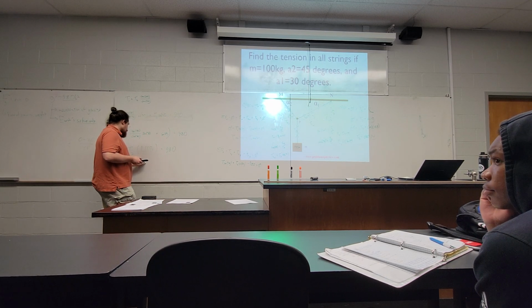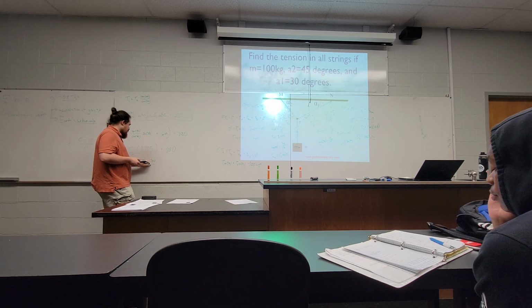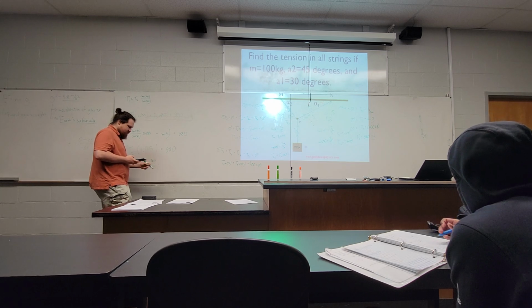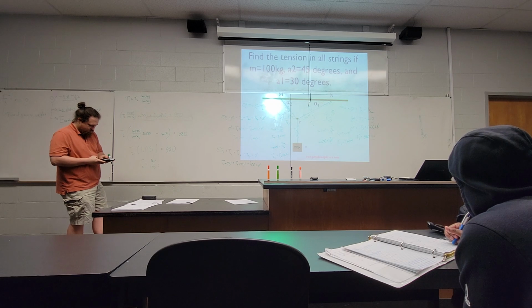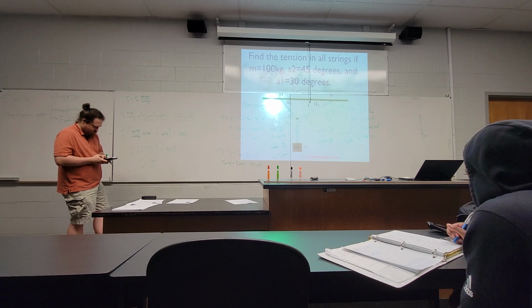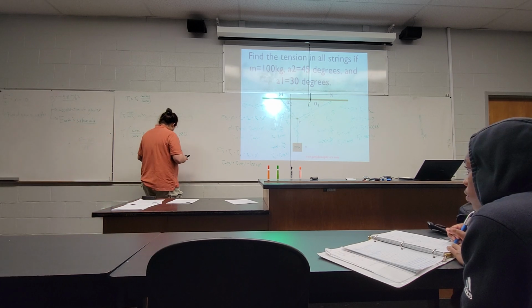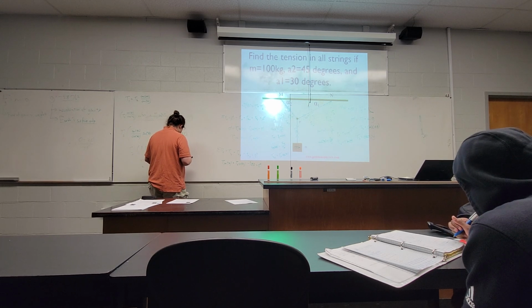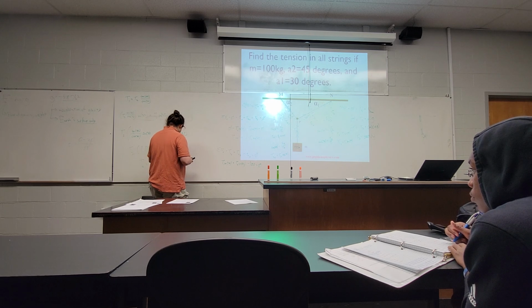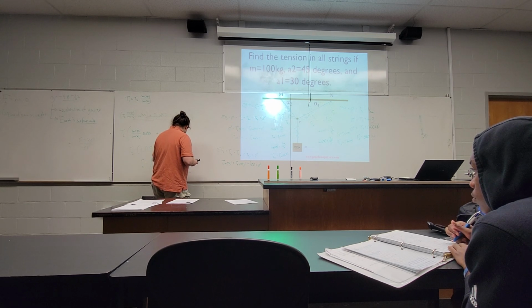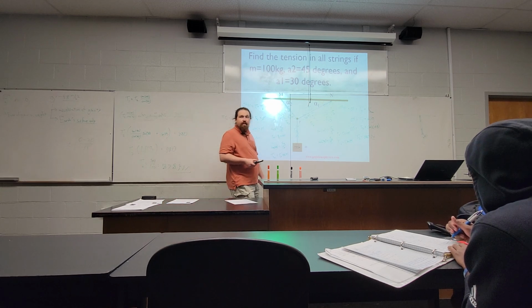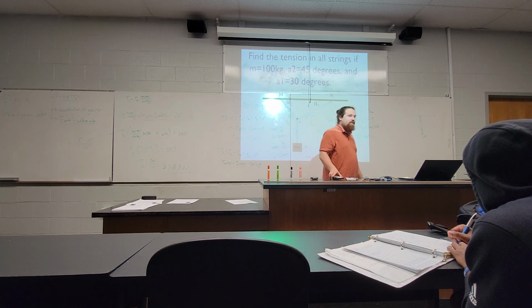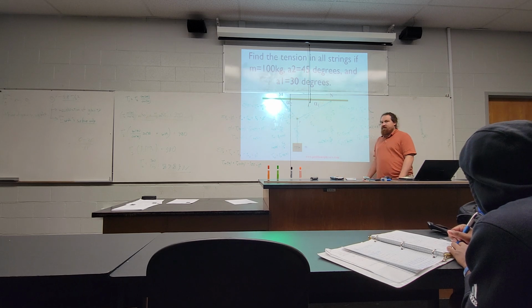Therefore, T2 should equal 980 divided by 1.115. And that tells us the tension in the second rope should be approximately 878 newtons, rounding, which is slightly less than that of the first rope, but still most of that tension.